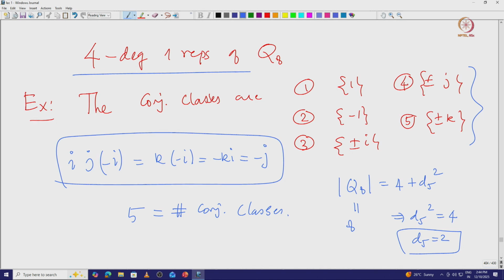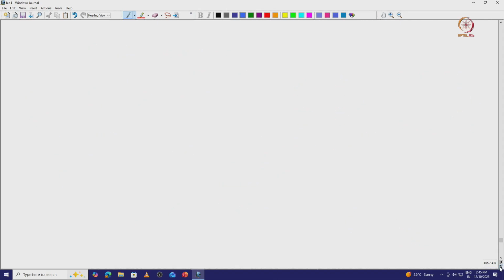Okay. I am not going to tell you what that representation is, maybe you can think about how to construct it, but I am going to just write down the character table. We are going to use all the machinery that we have developed so far.